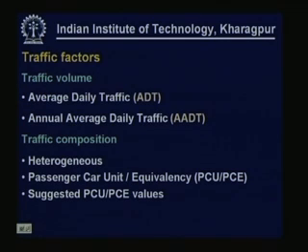Most of the cases in developing countries particularly, the traffic is not homogeneous in nature. We do not expect homogeneous traffic. So, it is highly heterogeneous. Now, heterogeneous traffic, if we say 100 buses, 100 two-wheelers or 100 cars, do they completely convey the meaning?